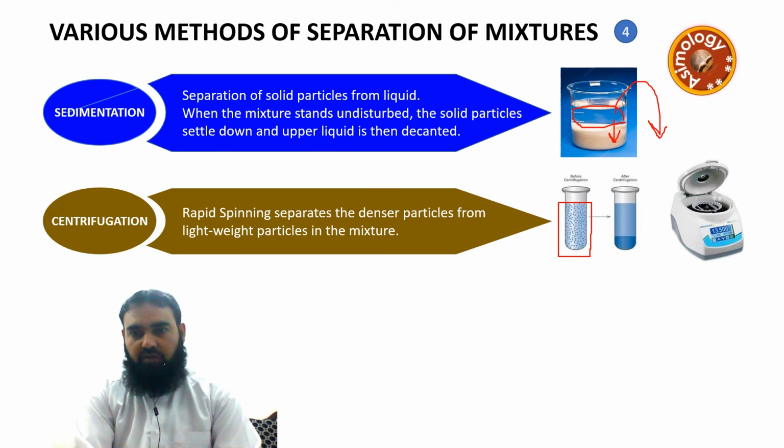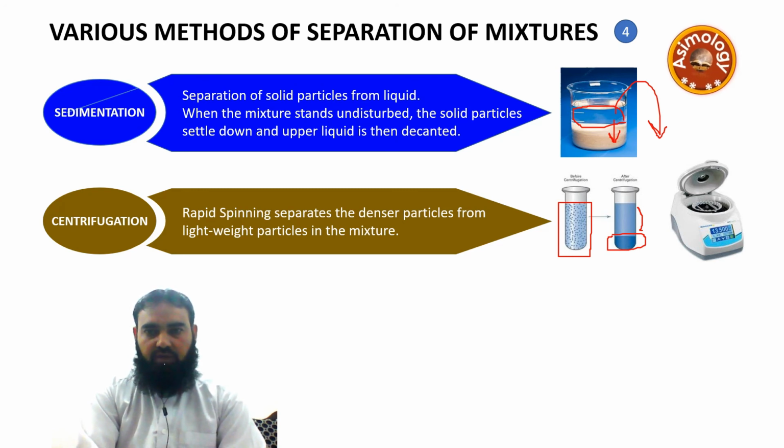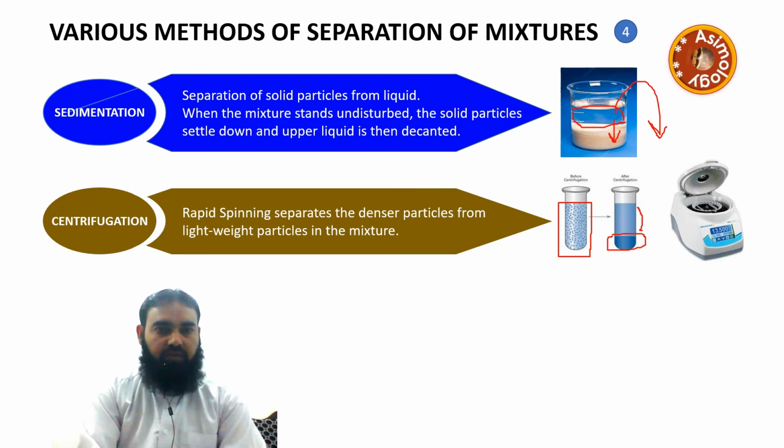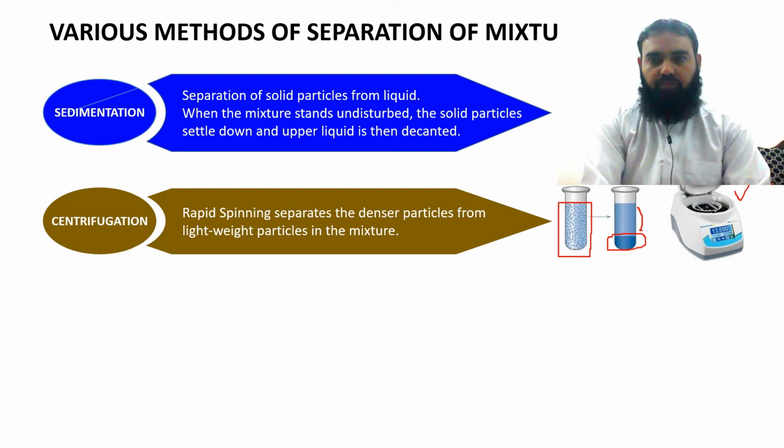Like you can see, the screen shows 13,500 revolutions per minute. At this high speed, the high molecular weight substances will settle down at the bottom, and the low molecular weight liquid will form a top layer. So you can decant this liquid and you will get solid or higher molecular weight substances at the bottom of this centrifuge tube. And this machine is called a centrifuge machine.